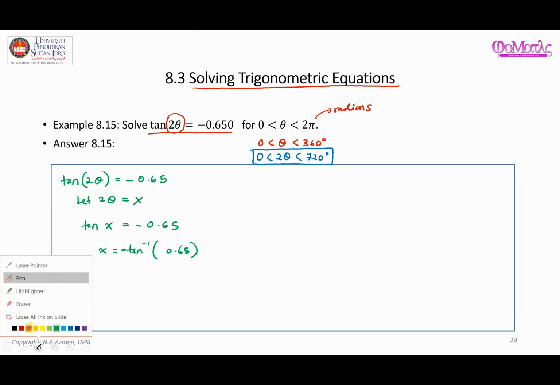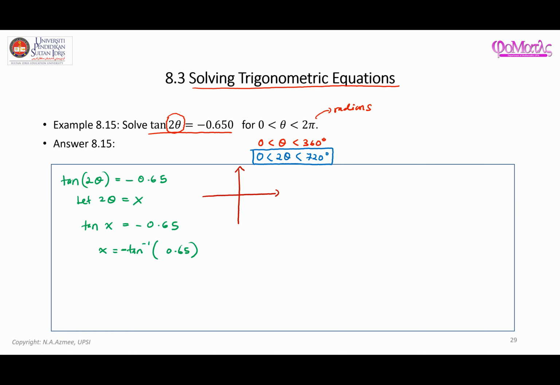If I sketch the angle, since the value here is negative, I know that my angle is going to be either on this side or on this side, which is the second quadrant and the fourth quadrant.